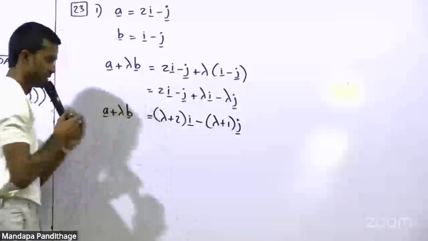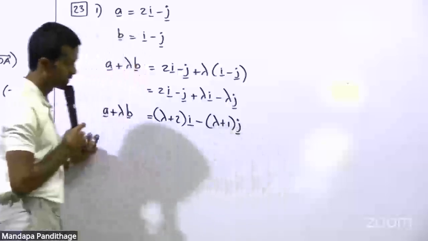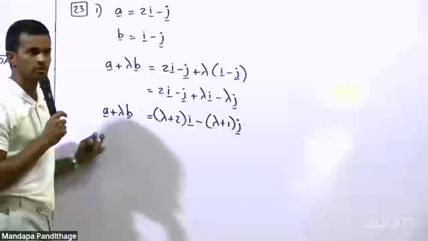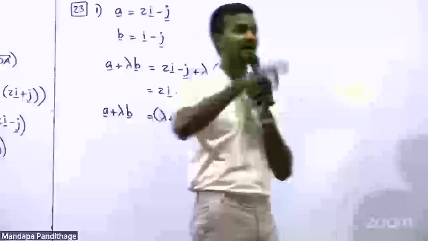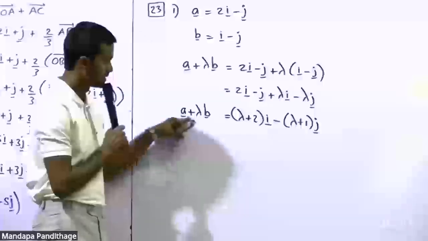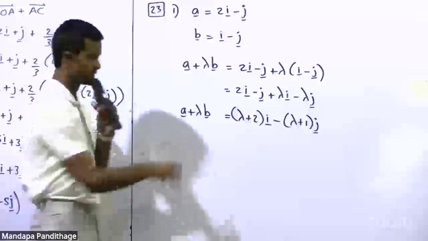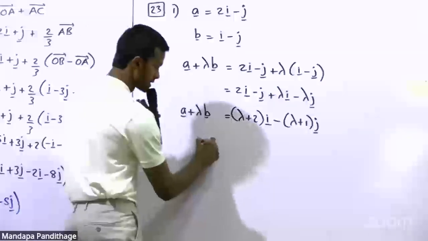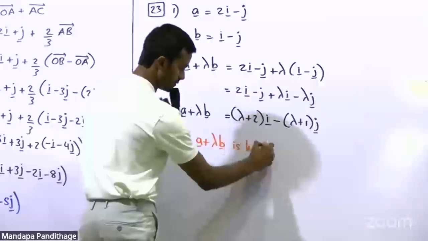So they have given that this vector is parallel to the direction of vector i. So what is vector i? It's the horizontal unit vector. So when they have given this vector is parallel to this vector i, that means even this vector is a horizontal vector. So this vector a plus lambda b is horizontal.